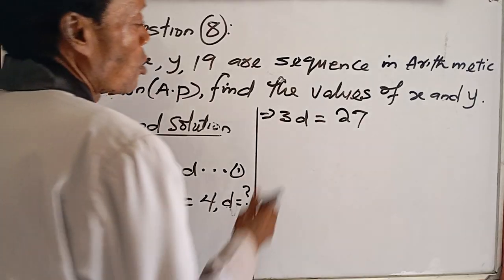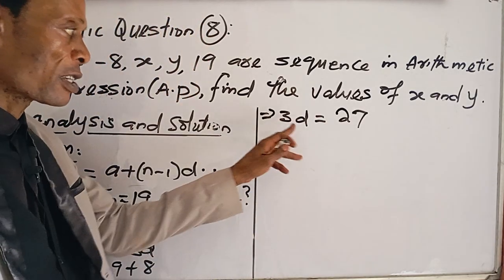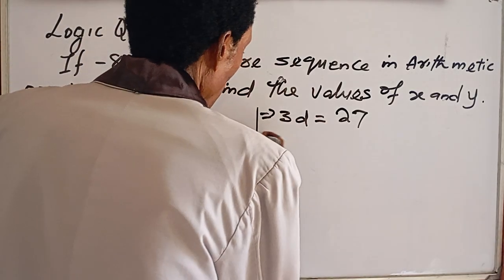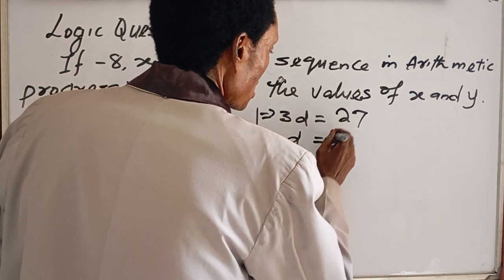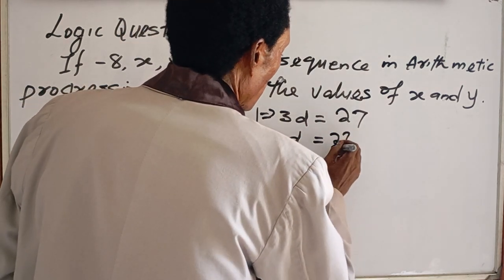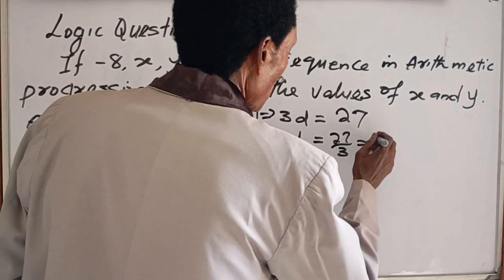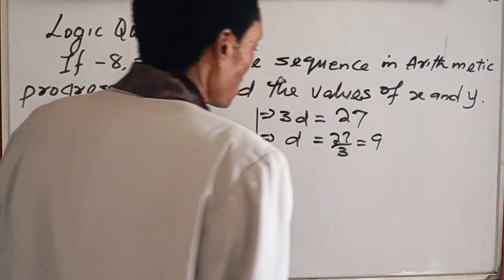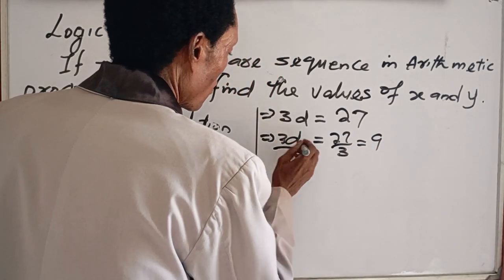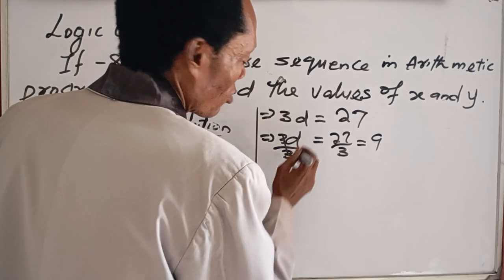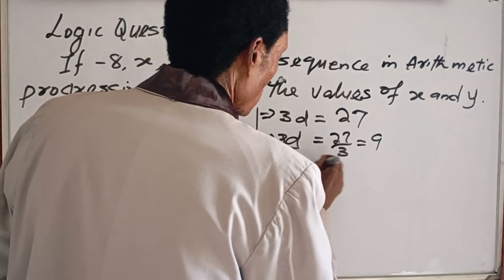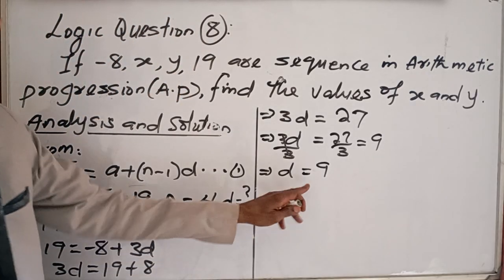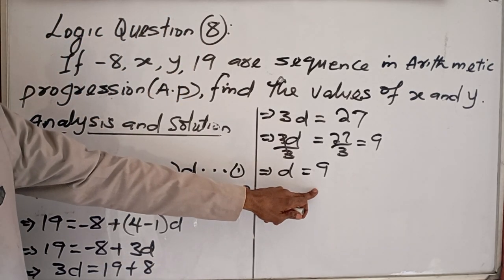So we have to divide through by the coefficient of d. So d equals 27 over 3, which is 9. 3 over 3 cancels, we are left with d. So d equals 9.